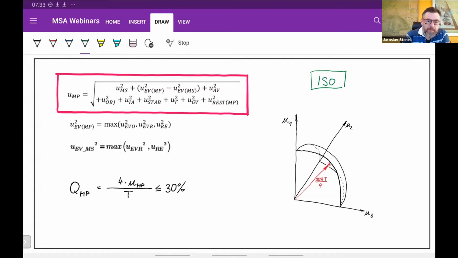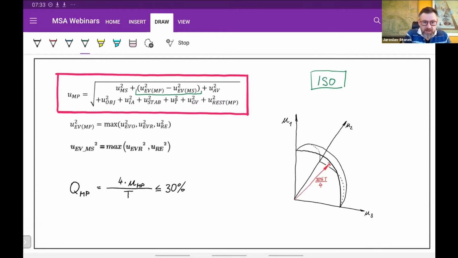It is a square root of the sum of squares of all the uncertainties that we have, with the exception that in this place we need to have the uncertainty of the repeatability.